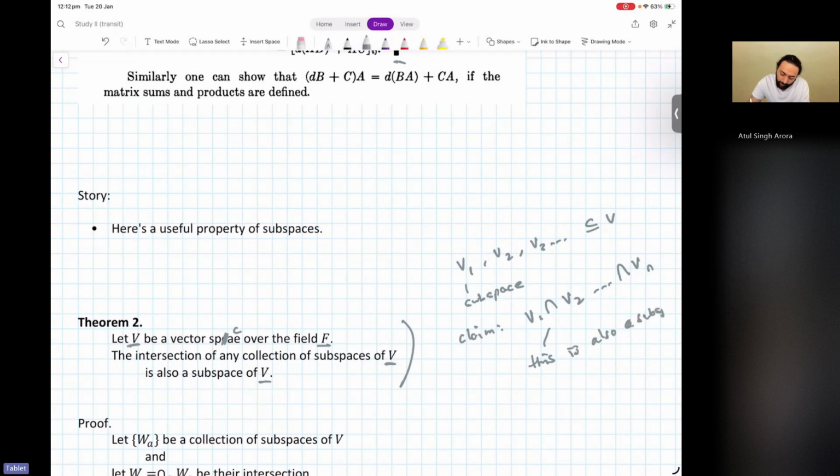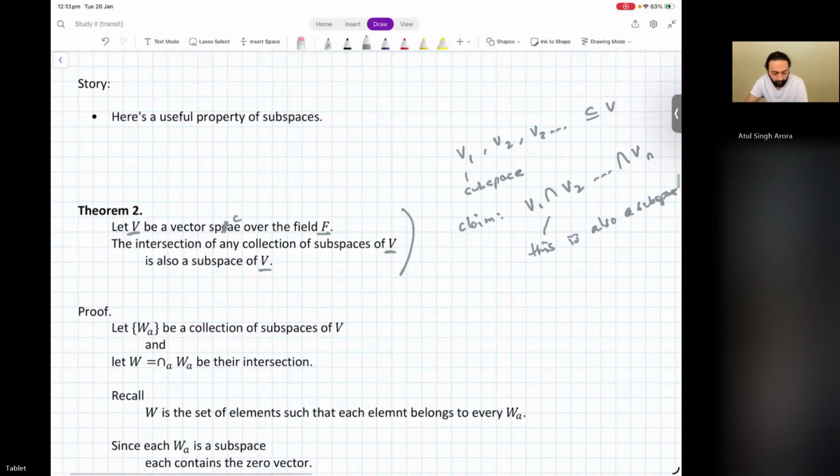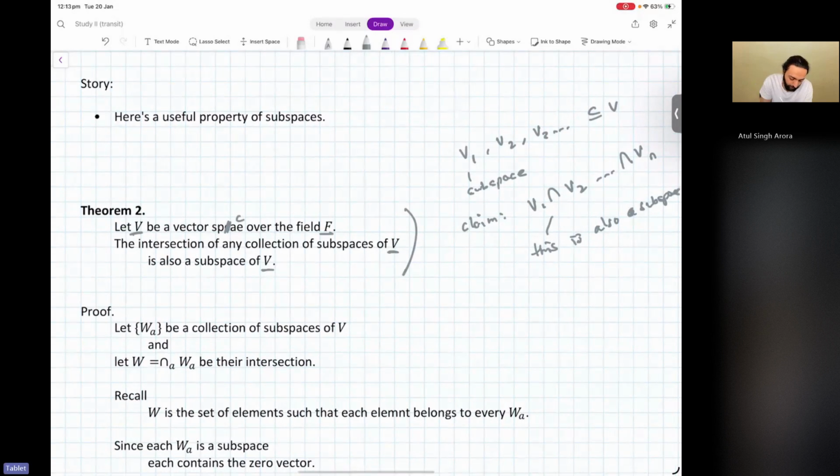Is the statement clear? Yeah, it's written here.